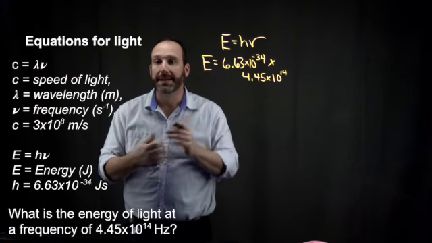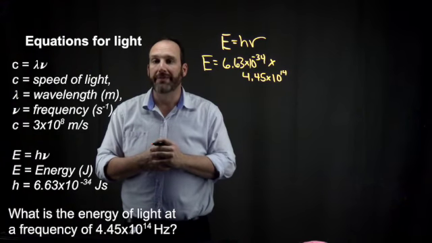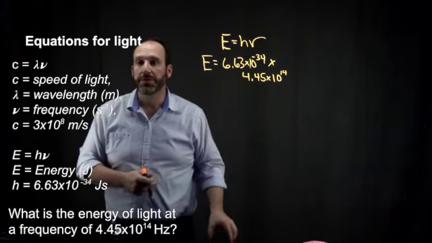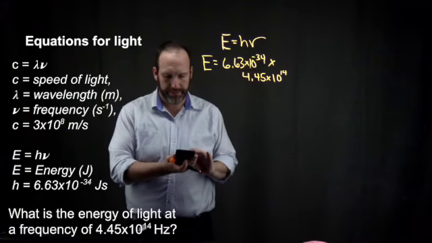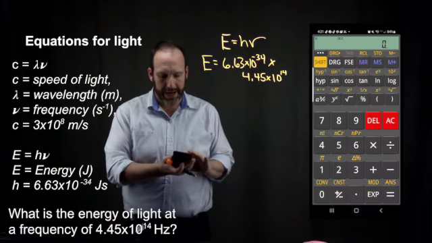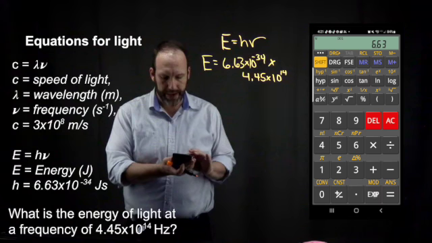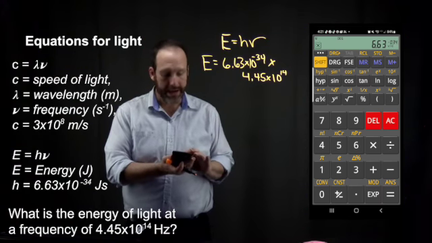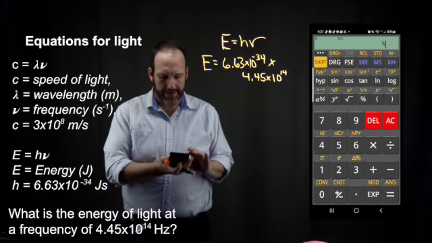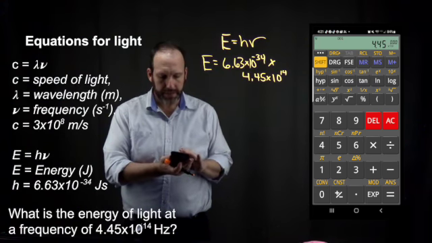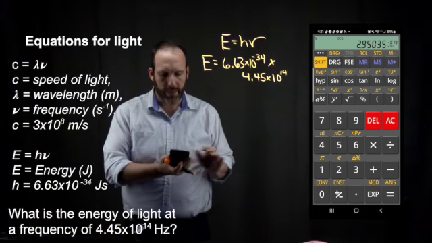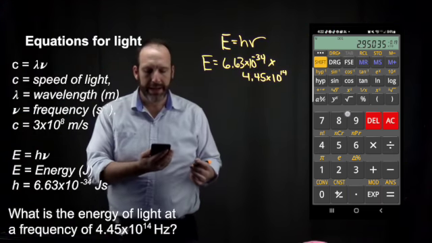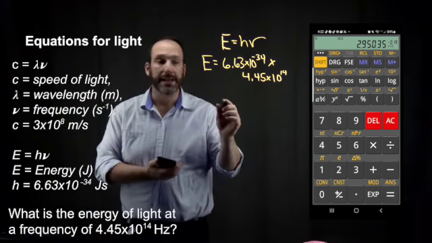That means that seconds is going to cancel, and we're just going to be left with joules, right? So let's do that math in our calculator. We've got 6.63 times 10 to the minus 34, and we're multiplying that by 4.45 times 10 to the 14th. And what we get is 2.95 times 10 to the minus 19 joules.